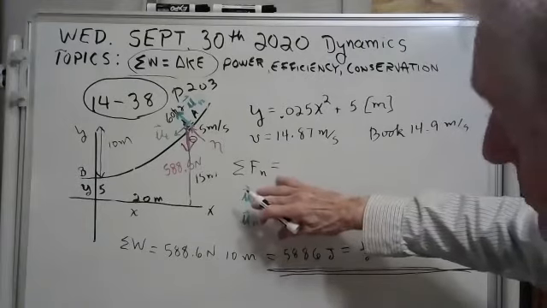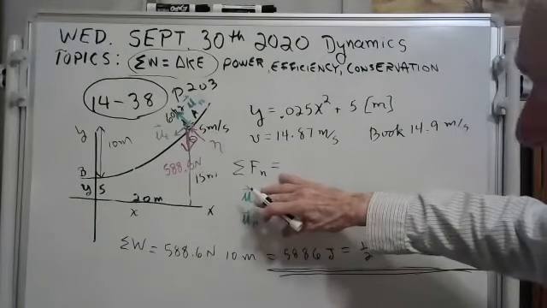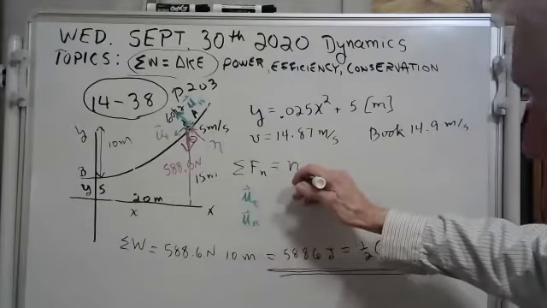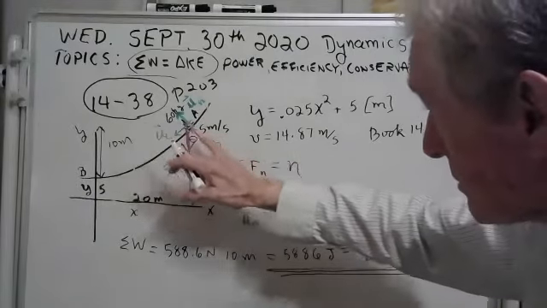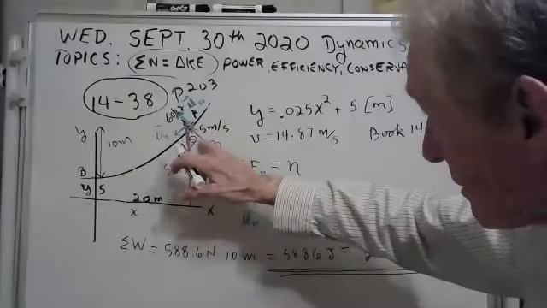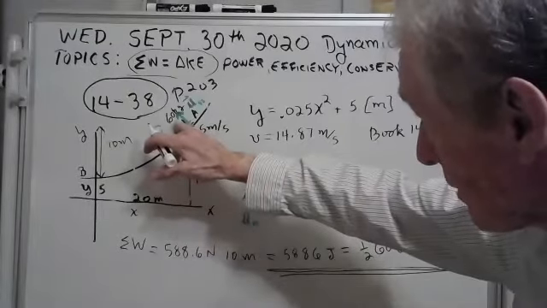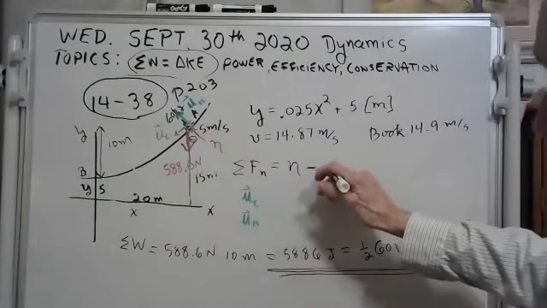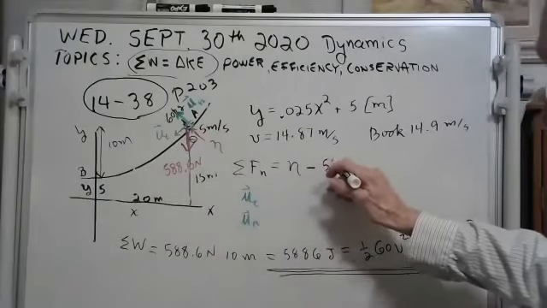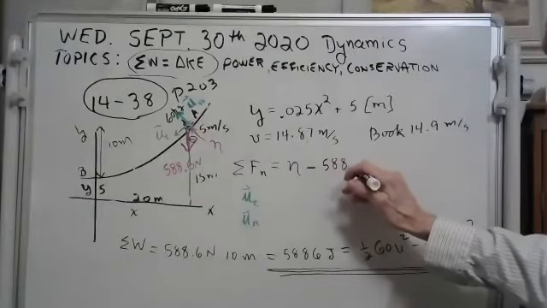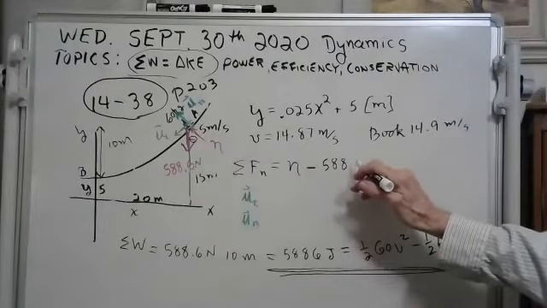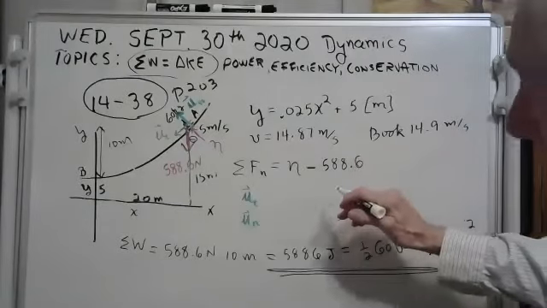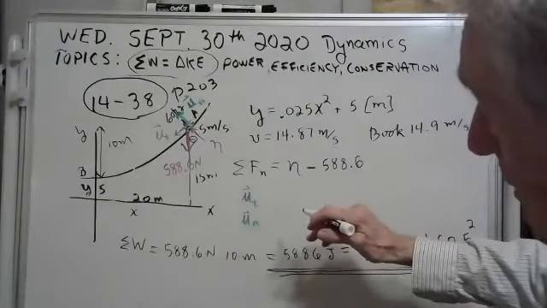Now that we've done that, which you're supposed to do, we're going to write our Newton's second law equation. In the normal direction, we have the normal force. That red arrow is in the same direction as that green arrow. But you have to subtract the 588.6 newtons cosine of theta.